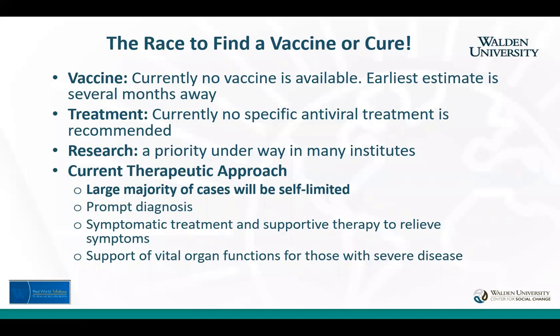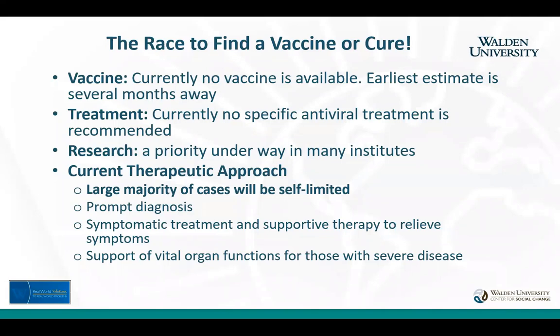So what is the current status? While there are ongoing efforts, as I mentioned, we still don't have a vaccine. The earliest estimate is that it is still several months away at best. We still don't have an effective viral cure. So what is the solution? For patients, symptomatic treatment and supportive therapy does help relieve the symptoms.